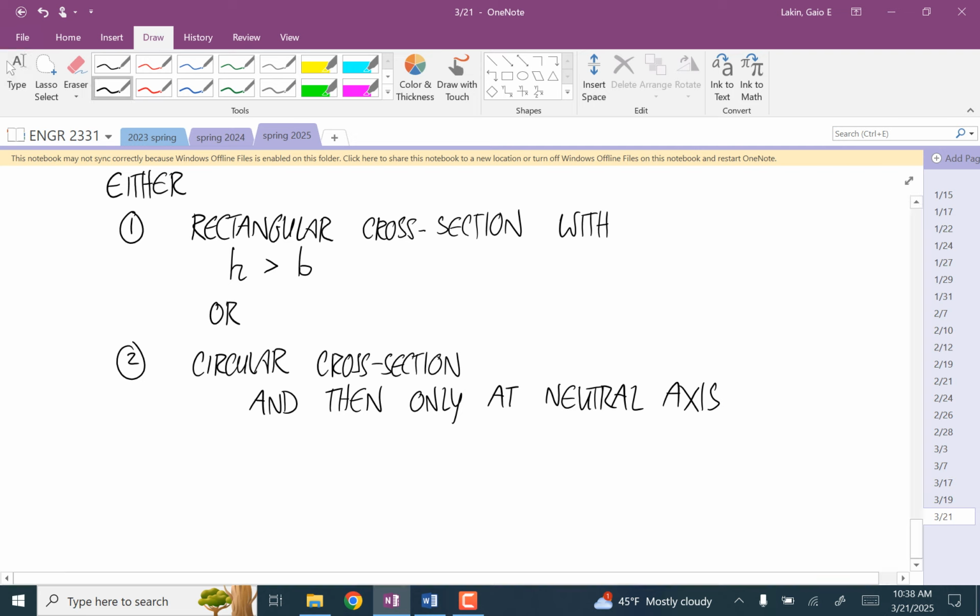So if you have a rectangular one where the height is bigger than the base, you can calculate everything. If you have a circular one, you can only calculate it at the neutral axis. Well, what good is that? There's one thing useful about that. At least that neutral axis is where the stress due to shear force is biggest.